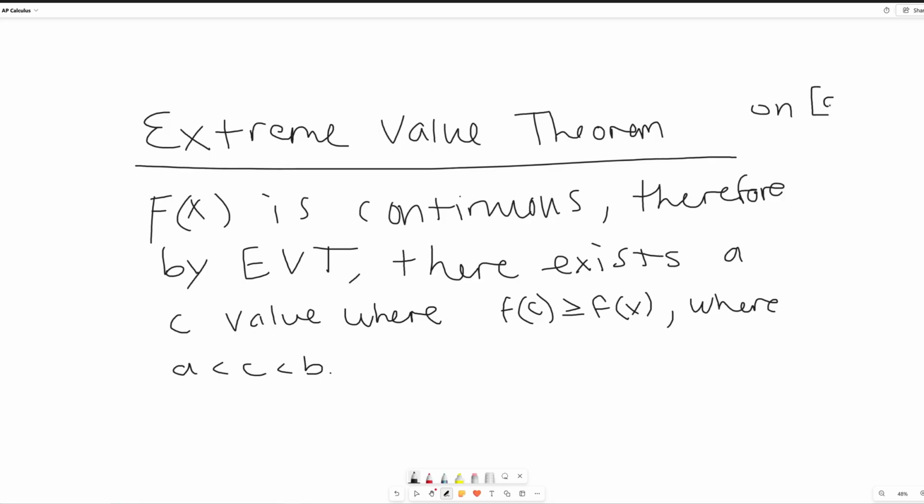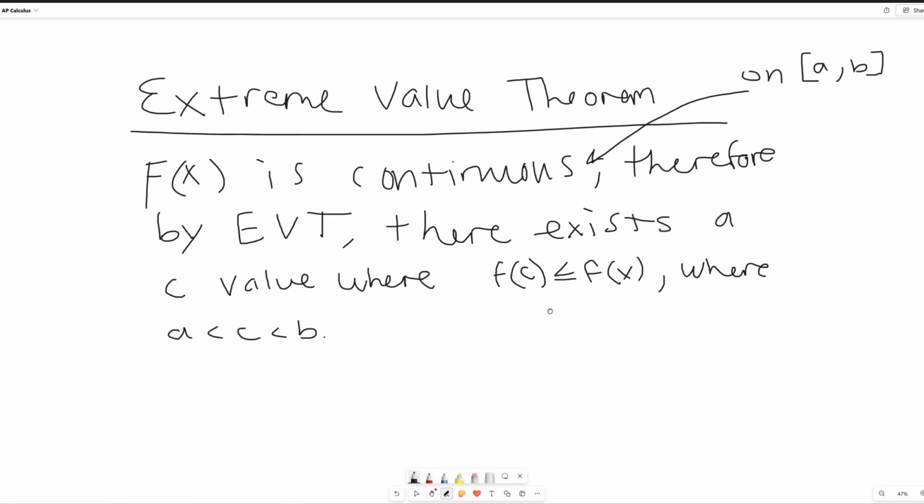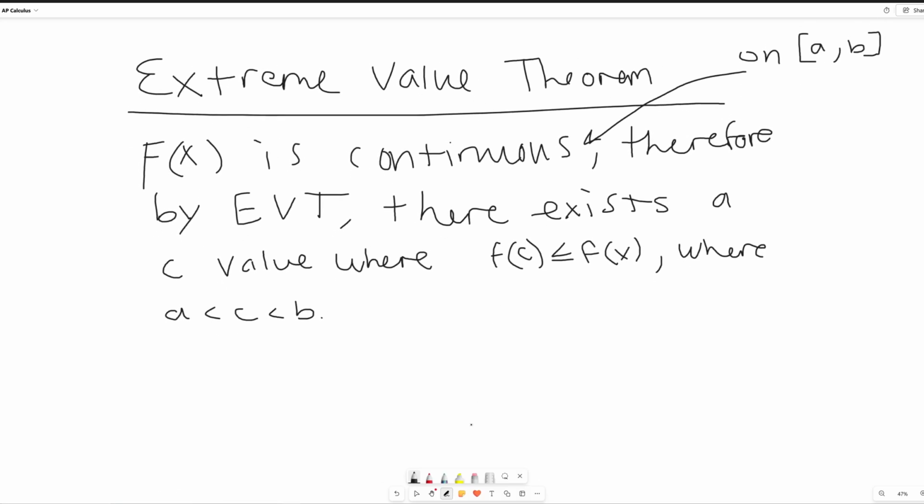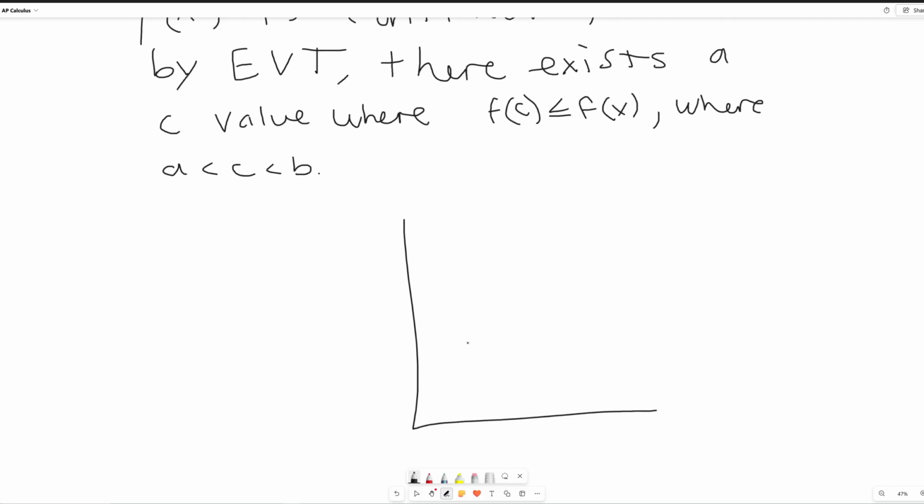So, if you wanted to say that there was an absolute minimum, f of c is not greater than or equal to f of x, but less than or equal to f of x. So this makes sense because if you say you have a value, f of c is your absolute minimum, that means on the rest of the function, f of x is the function.